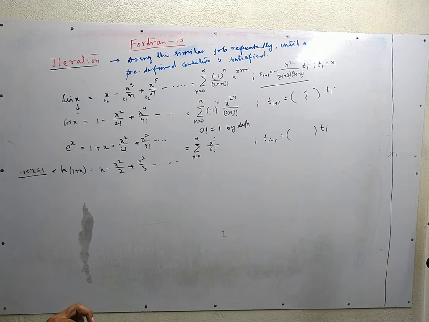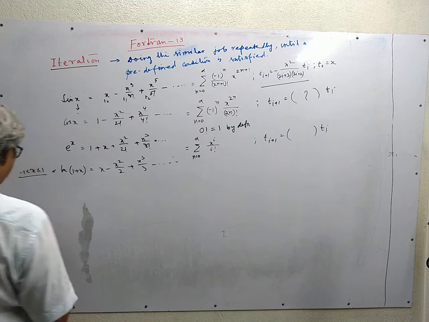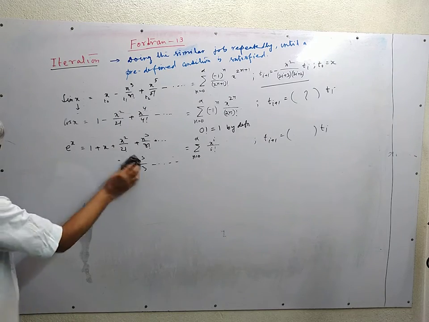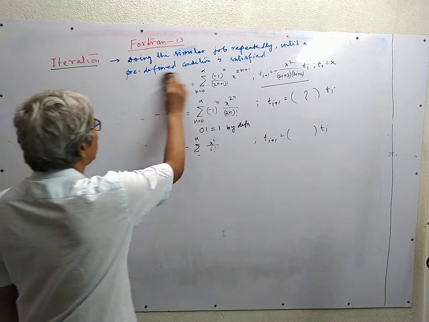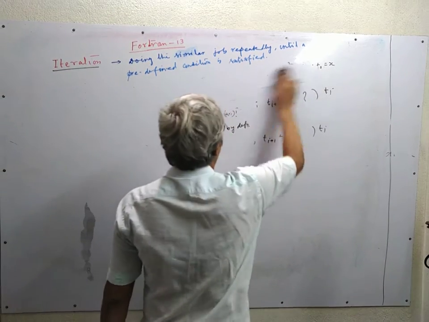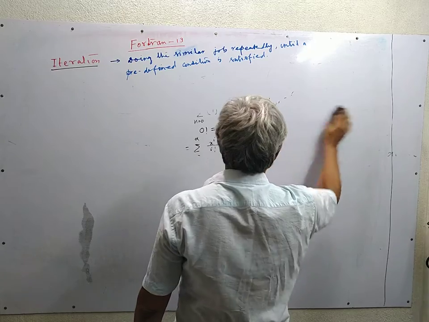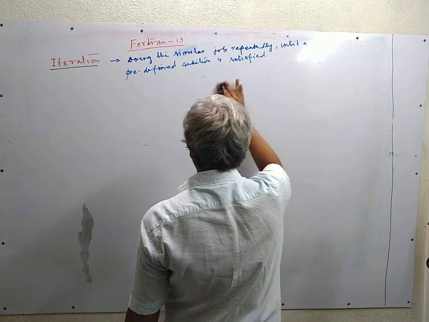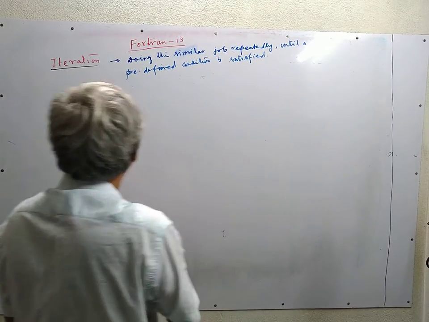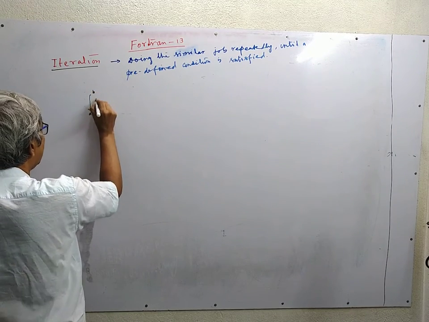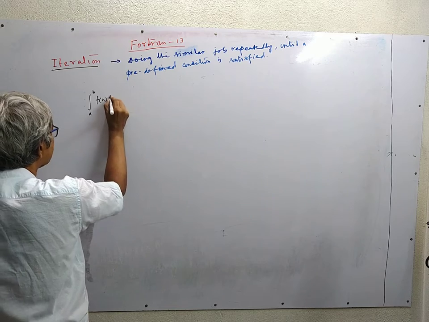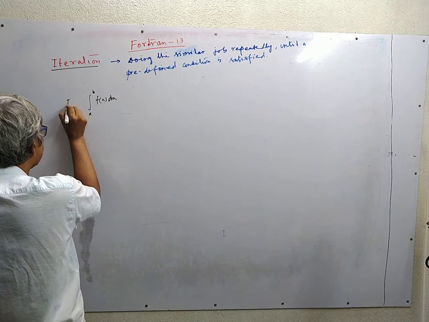I will just say another type of iteration which is involved in numerical integration. Actually, the problem of numerical integration is to evaluate a definite integral of a function f within limits a to b. So this is the integral from a to b of f(x) dx. This has to be calculated.